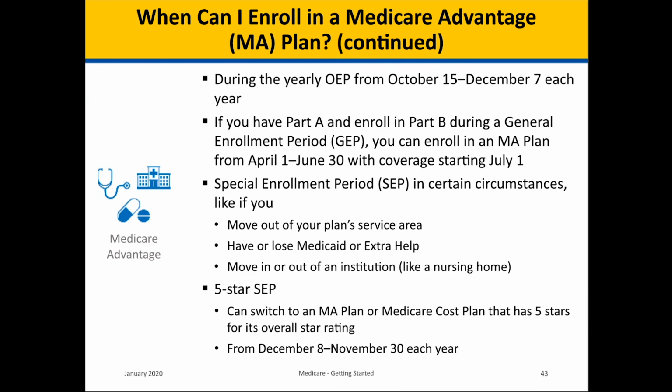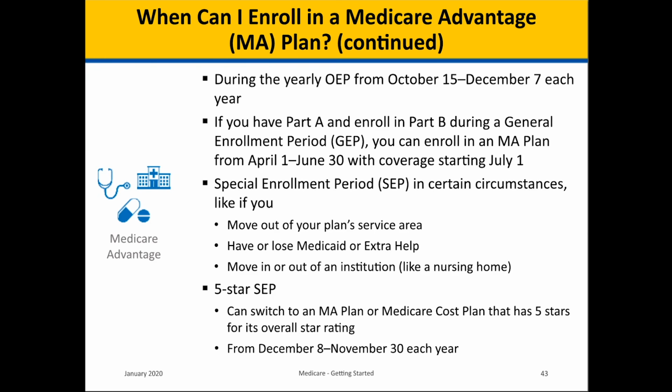If you have Part A and enroll in Part B during the general enrollment period, you can enroll in an MA plan April 1st through June 30th with coverage starting July 1st, because remember, enrollment into Medicare during a GEP, the Part B starts July 1st. So if you're interested in a Medicare Advantage plan, you want to plan that enrollment to coincide with your July 1st Part B start date.